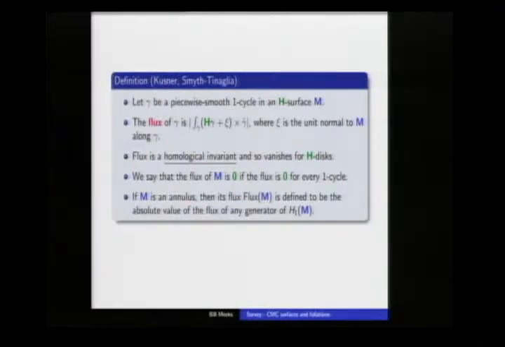I add the unit normal field, which is again a curve in space. I take the cross product with the tangent field to the curve, and I integrate that. It's integrating a vector-valued function on a circle, and I get a vector called the flux. What's interesting is that it's a homological invariant. So if two immersed curves are homologous, they give you the same number.